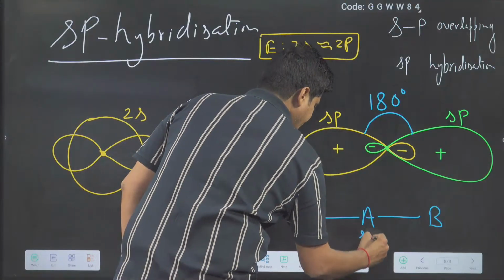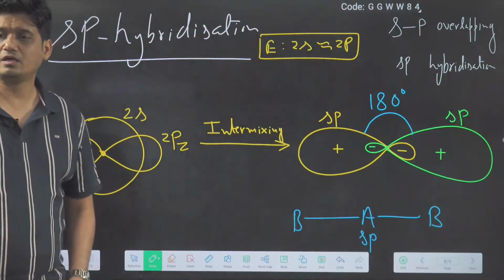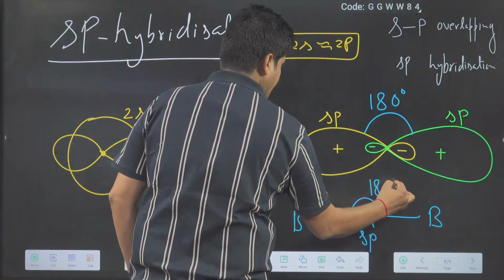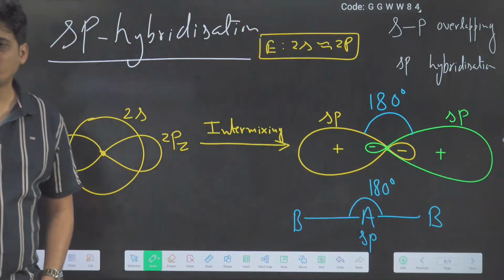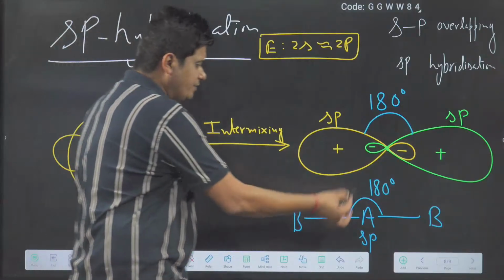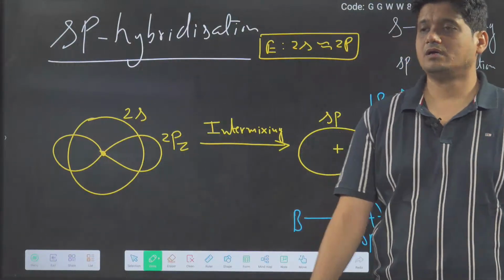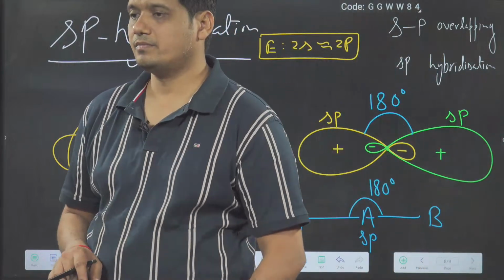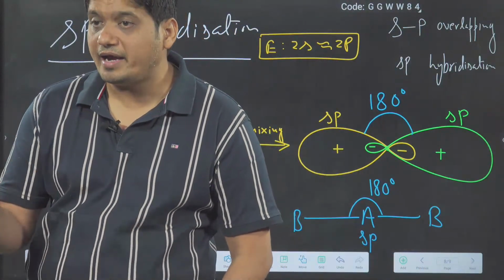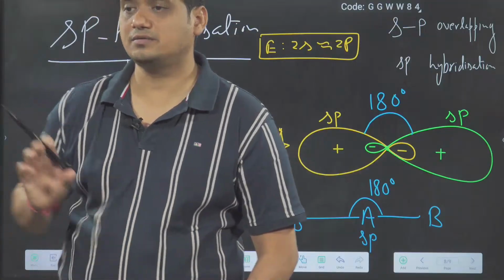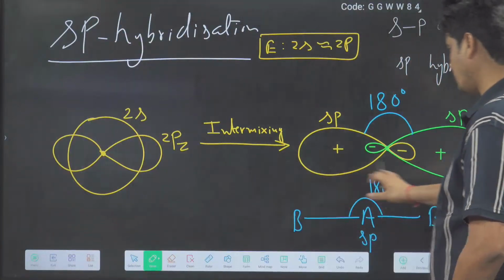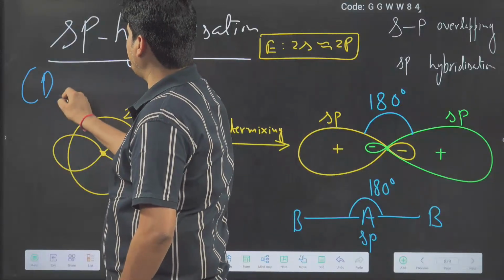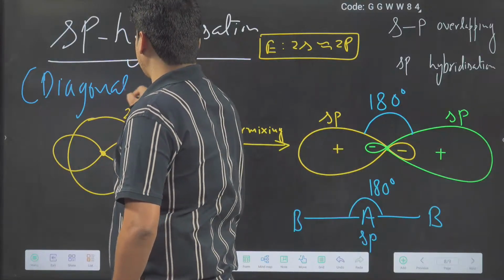If A is sp hybridized, this angle is going to be 180 degrees. Okay or not? So repulsion becomes minimum. You got the idea of what I was saying? Hybridization is minimizing the repulsion.